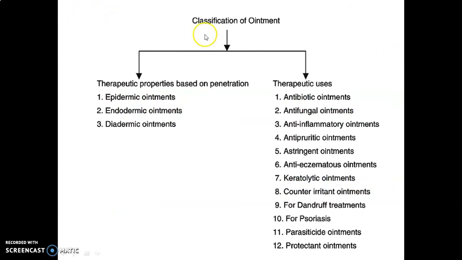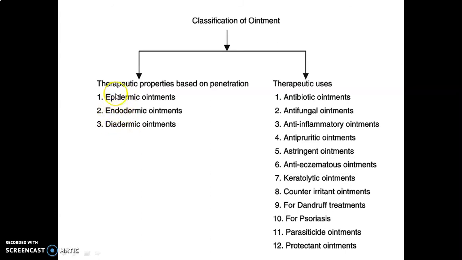So we will discuss the classification of ointment in detail. There are a total of two classes: therapeutic properties based on penetration, and the second class which is based on therapeutic uses. Therapeutic properties based on penetration are classified into three types: epidermic ointments, endodermic ointments, and diadermic ointments, according to the layer of skin.